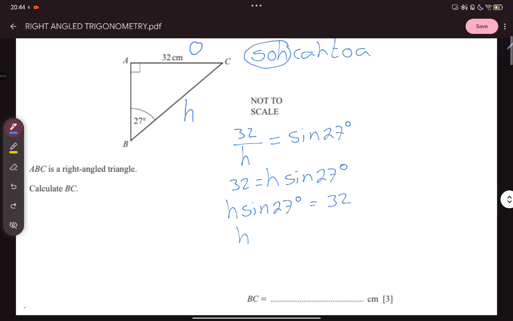And remembering that sine 27 is just some number, I'm multiplying by sine 27 on the left-hand side, so I can divide there by sine 27 degrees on the right-hand side. So calculator job, 32 divided by sine 27.